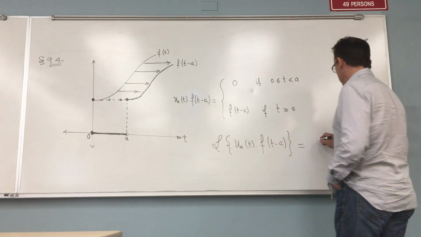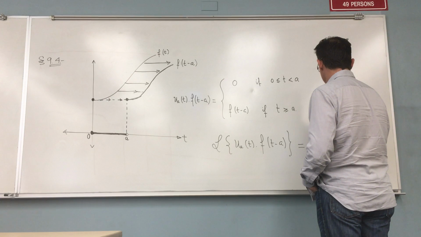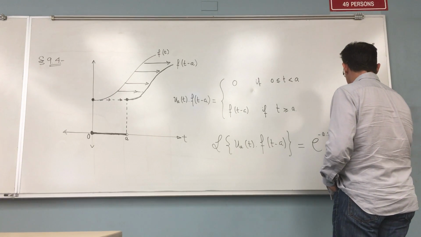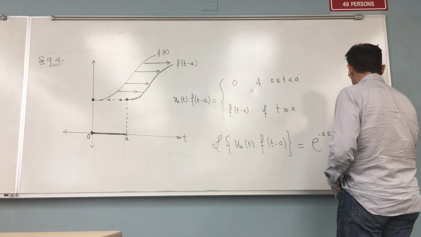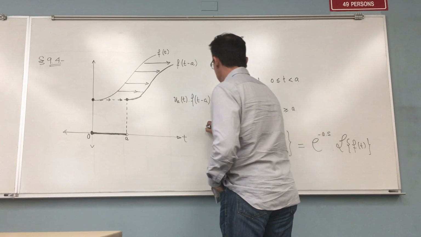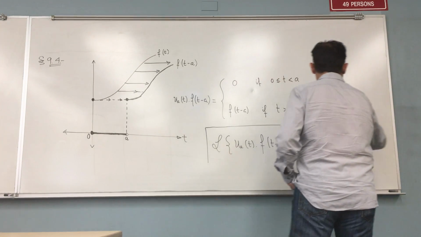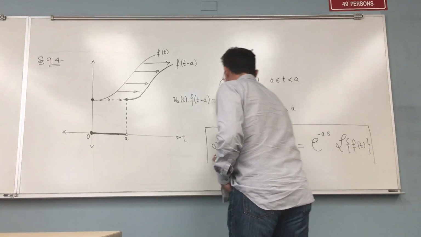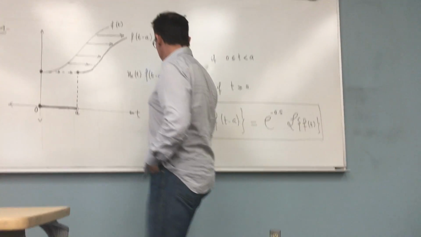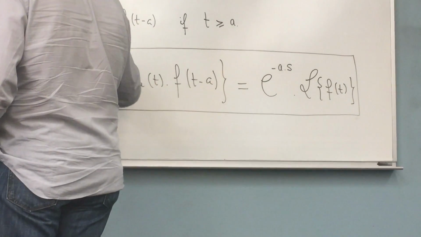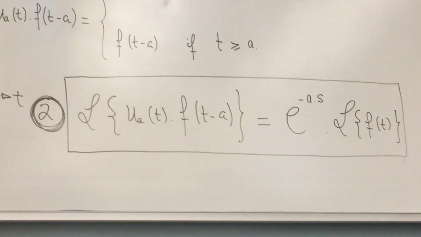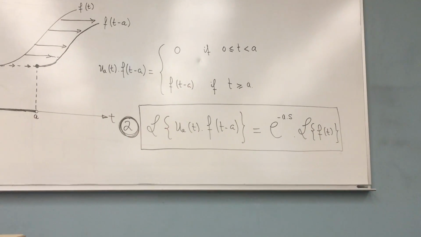Well, it's e to the minus a times s times the Laplace transform of the function f. Very important formula, number 2. Let me put this as number 2 at the beginning of this section 9.4, and this would be number 1.